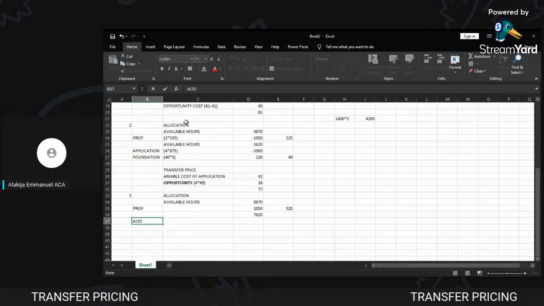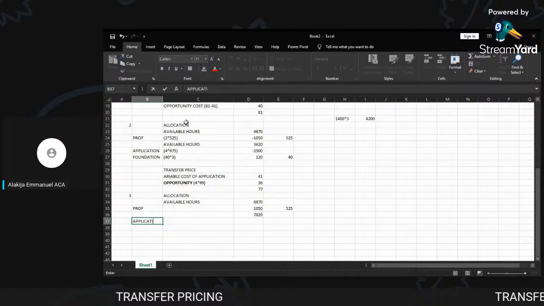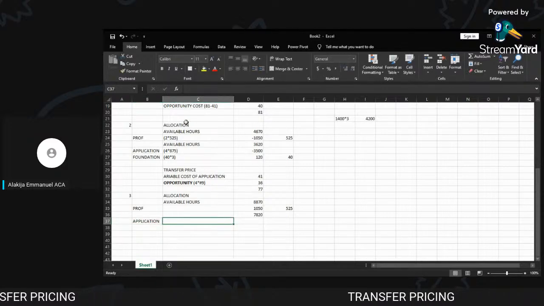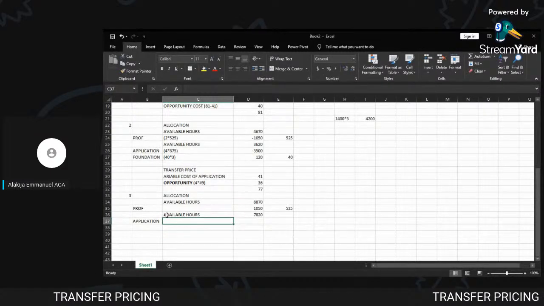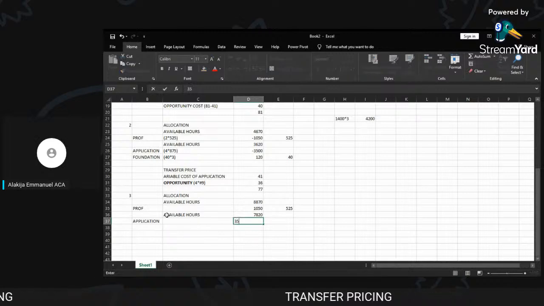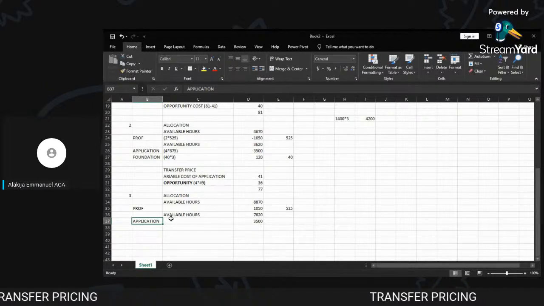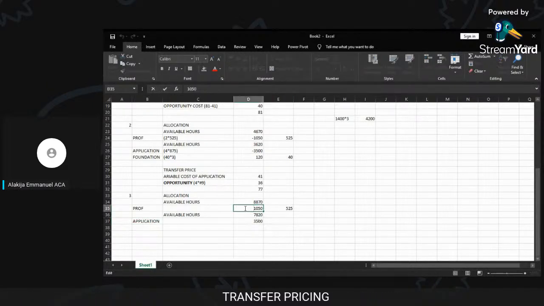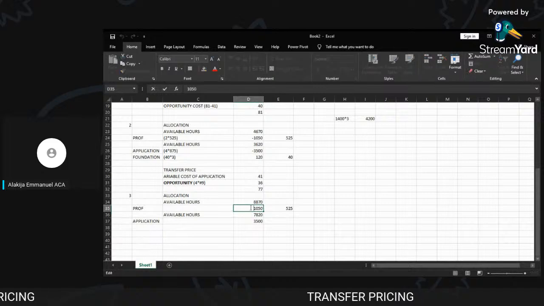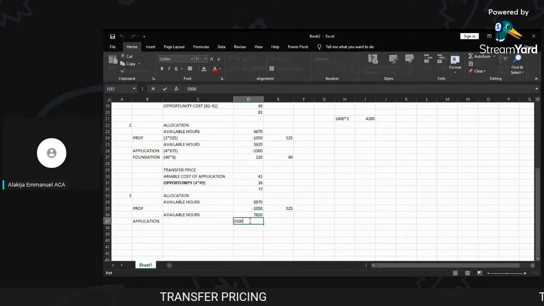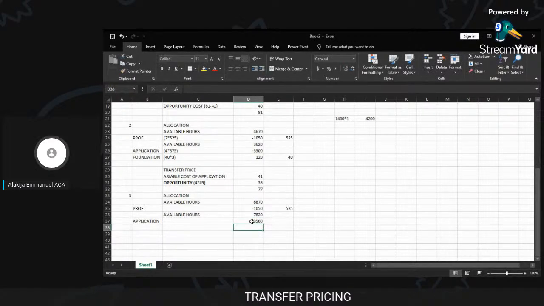Then we'll produce application. Application is 3,005. So when we deduct it, what will be the balance?